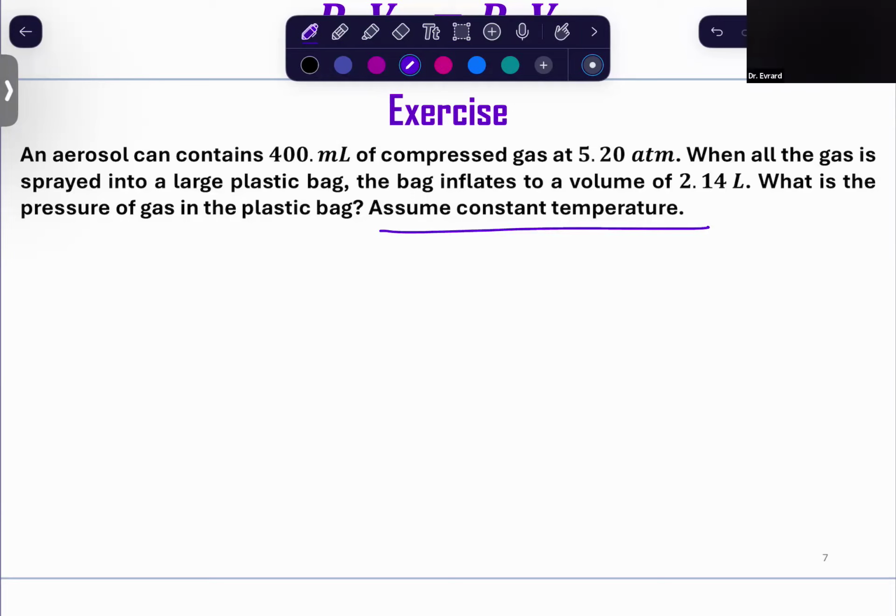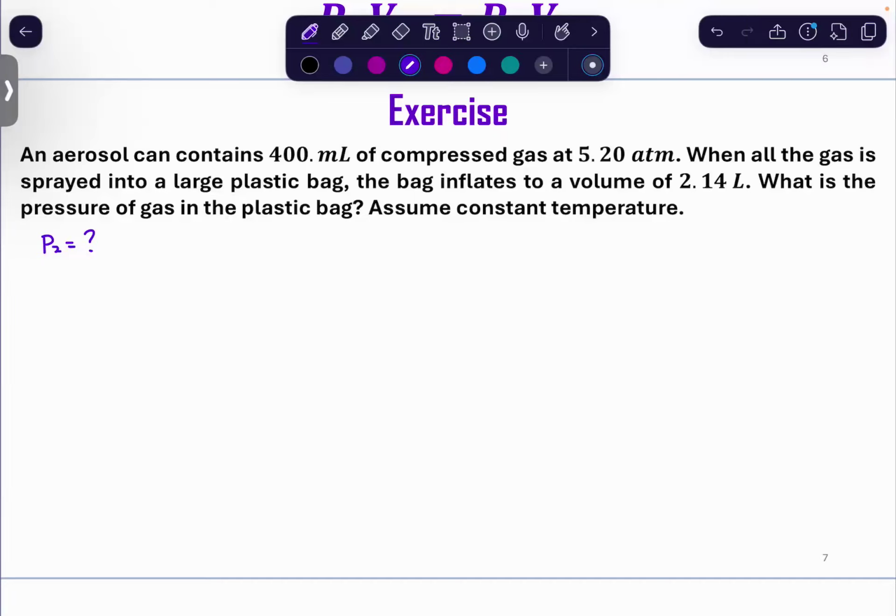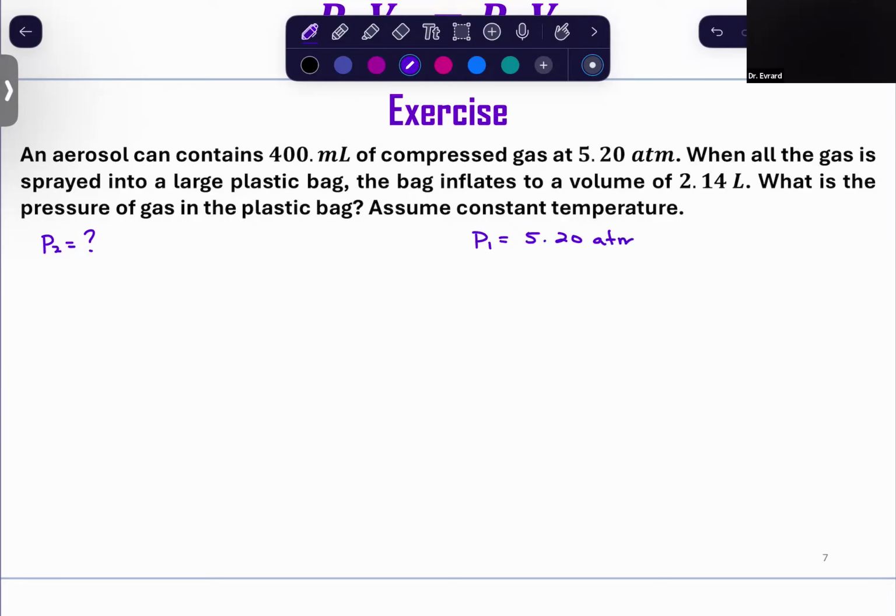Okay, so it's asking us for pressure 2. And then we can say, well, what do we know? P1 is 5.2 atmospheres, V1 is 400 milliliters or 0.400 liters.